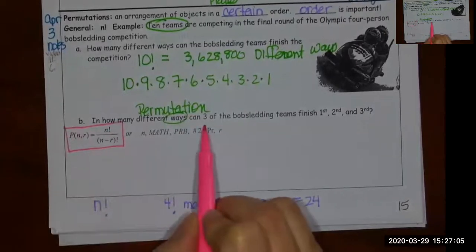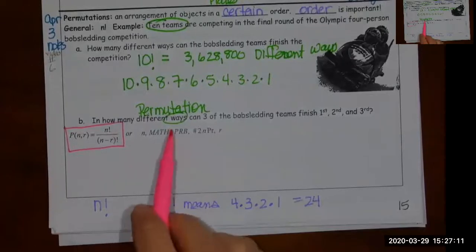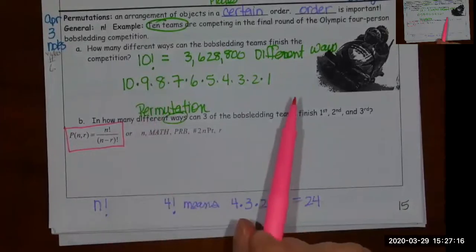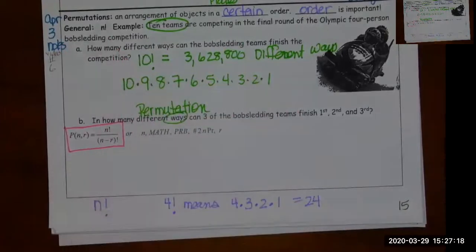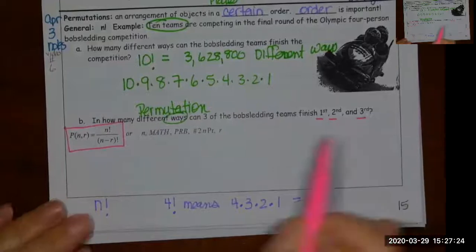How many ways can 3 bobsledding teams finish first, second, and third? So now this is a little bit different. This is a permutation because the question A just says how many ways can they finish, and this one says how many ways can first, second, and third come in.